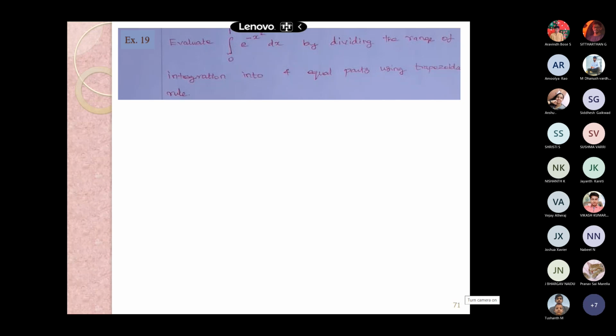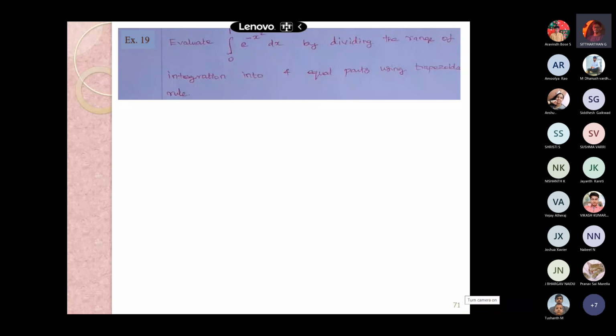Before getting the answer with the trapezoidal rule, Siddharthan, tell me the answer by using calculator. e minus x square. So 0.7468.